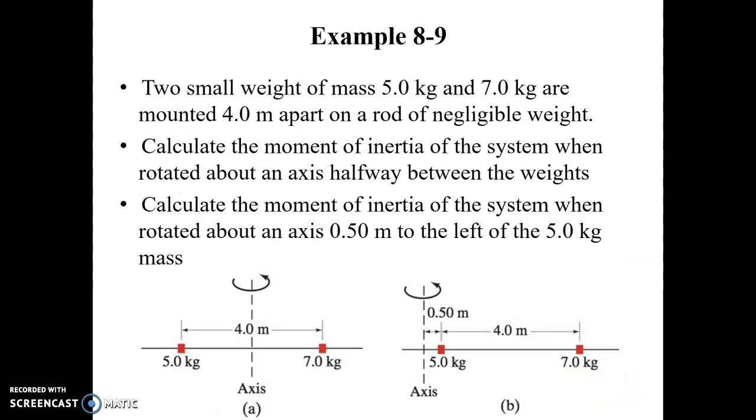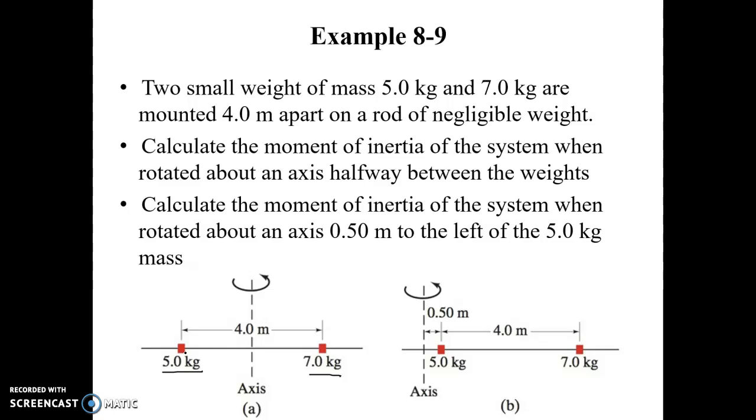All right, I may not get all the way through this example problem in the time I have remaining, but I'm going to go ahead and start it. What we have here are two situations where we have a pair of masses, a 5 kilogram mass and a 7 kilogram mass, located 4 meters apart.